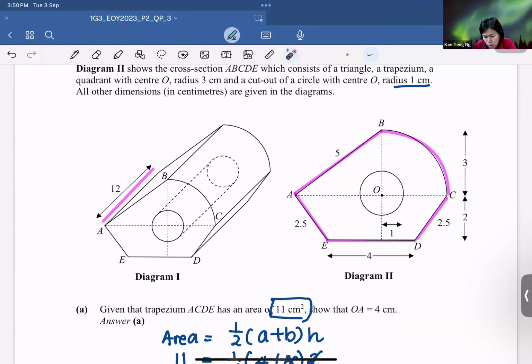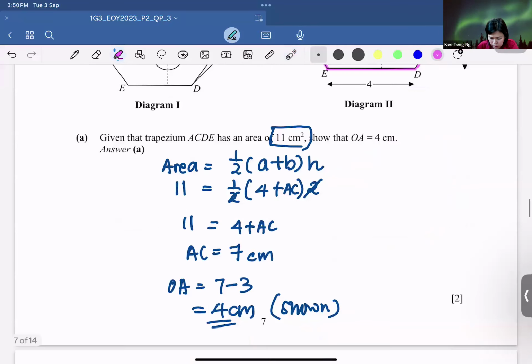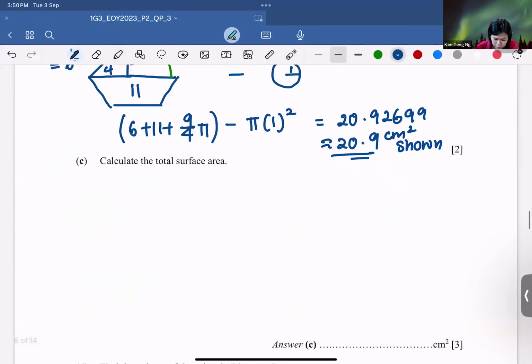When I cut it out, this whole cylinder is also a part of the surface area inside. So the whole circumference times this length will give you the perimeter. So I also need to find this circle over here. So first part, let me begin by doing a little bit of drawing.